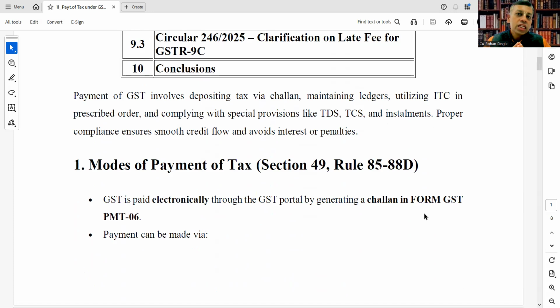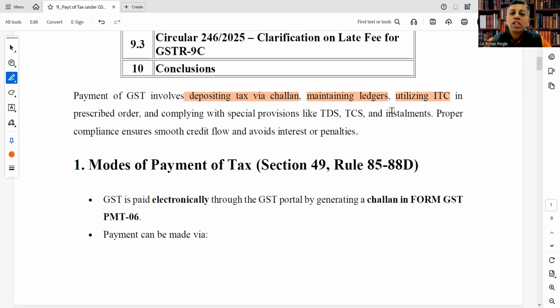Payment of GST involves depositing tax via challan, maintaining ledgers, utilizing ITC in the prescribed order. That is how you can utilize ITC: first, second, and third. Like we have to use first IGST credit, then CGST credit, and then SGST credit.